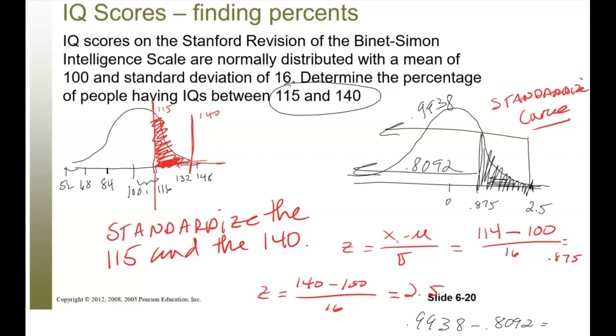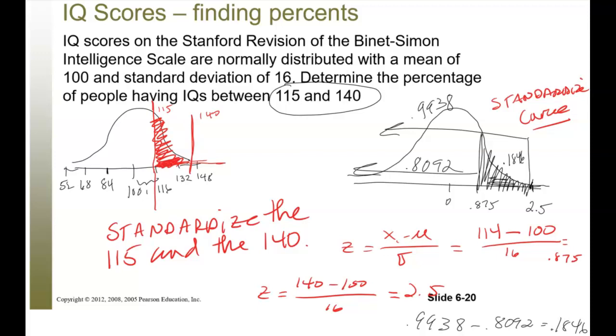Go ahead and do that. And I get 0.1846. So this area is 0.1846.